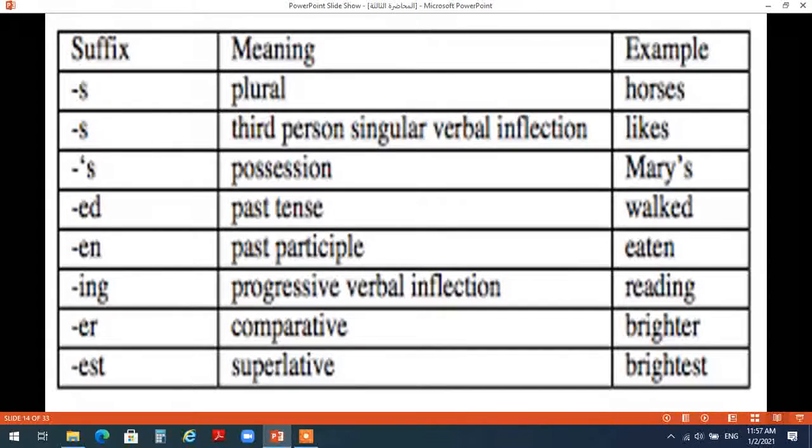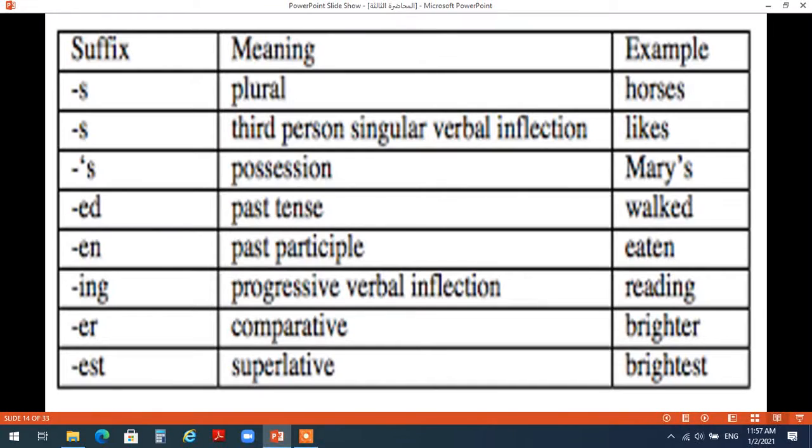So this is called past participle, or the meaning is to create a past participle form of the verb, just like the verb eaten. And sometimes we need to add the suffix ing to make the verb in the progressive verbal inflection state. For example, the verb reading.